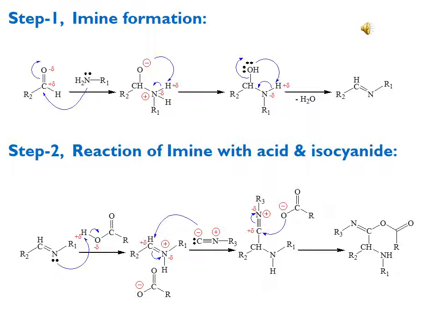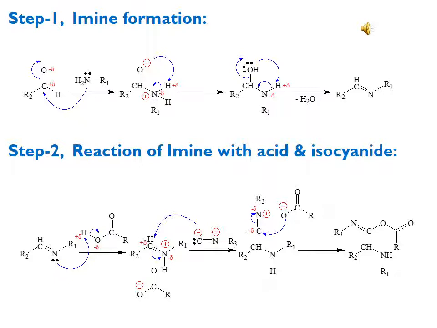So there should be an attack from this nitrogen on the proton attached to the oxygen, and if this happens, then we shall move towards the reactant side, the previous side in which nitrogen was making 4 bonds with positive charge and oxygen was with negative charge. So in actual practice all these steps move in a reversible manner, but we are showing this step because it leads us to the imine formation.